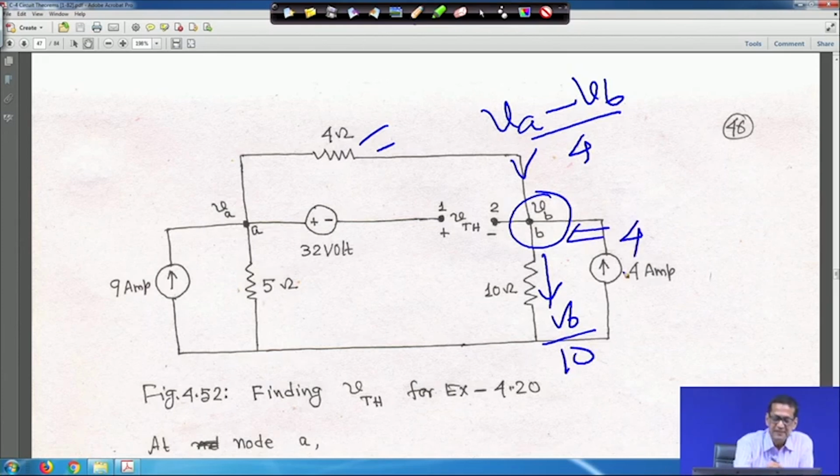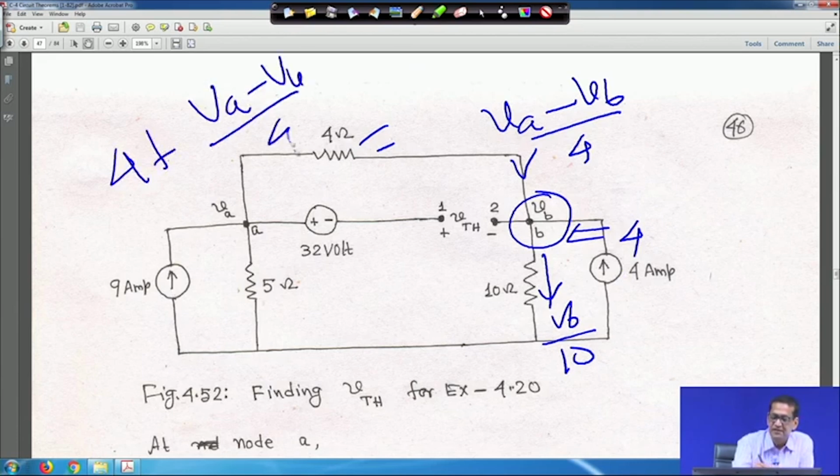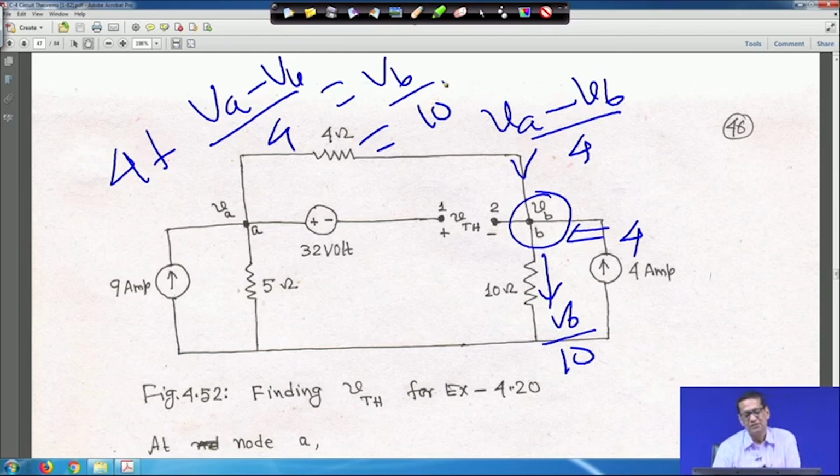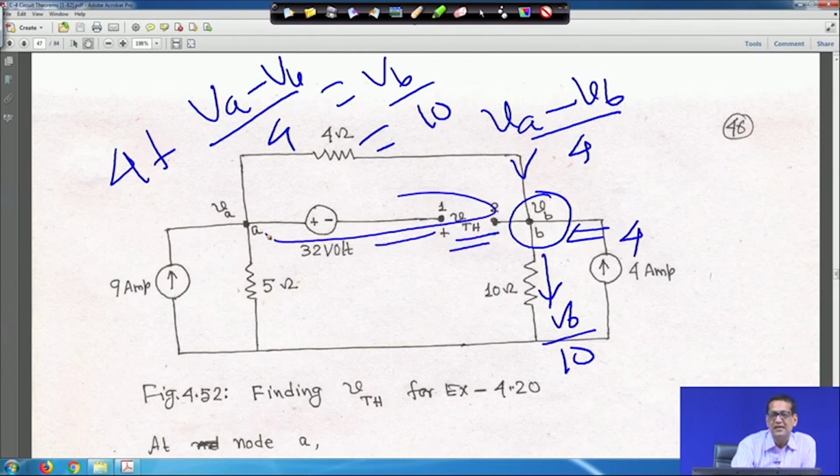So 4 plus (V A minus V B) divided by 4 is equal to V B by 10. Two equations we got, and you can solve them for V A and V B. There is no current flowing here, because this is open.